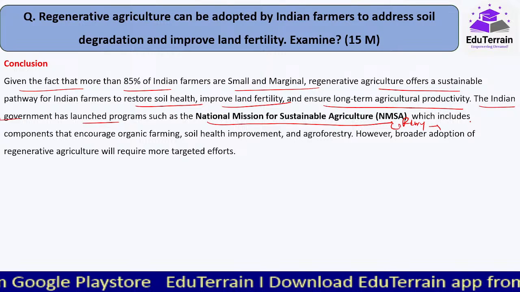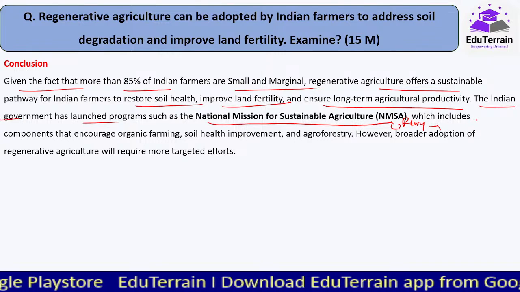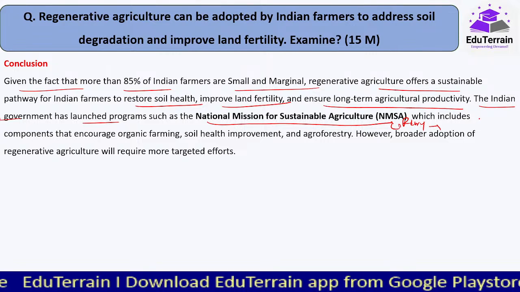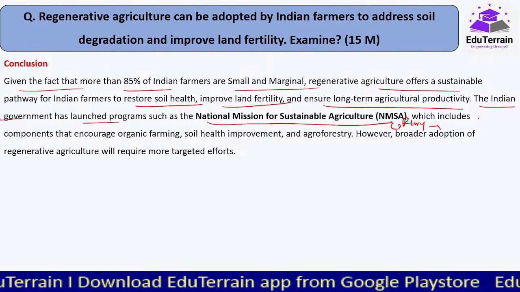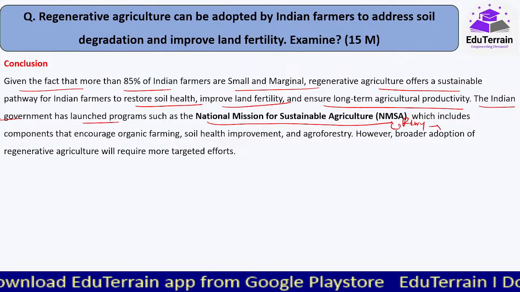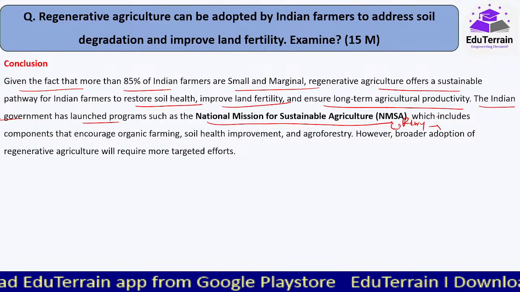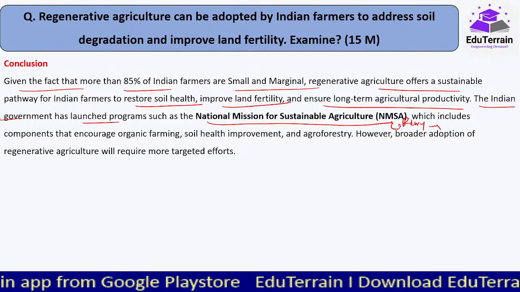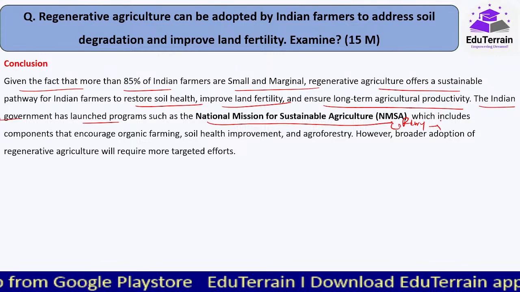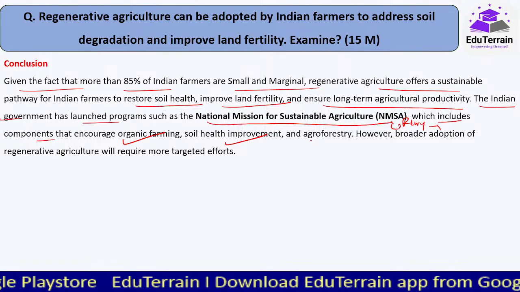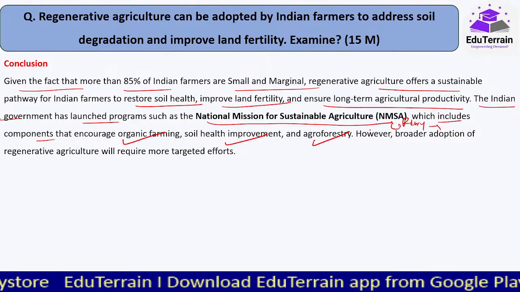Under this there are many schemes, Paramparagat Krishi Vikas Yojana, Bharatiya Prakritik Krishi Paddhati, and all those various schemes, the Soil Health Card scheme, all that fall under this NMSA only, and we are trying to use those schemes to address this soil degradation and improve land fertility. We are trying to help the farmers. The same thing, which includes the components that encourage organic farming, soil health improvement, agroforestry, etc.